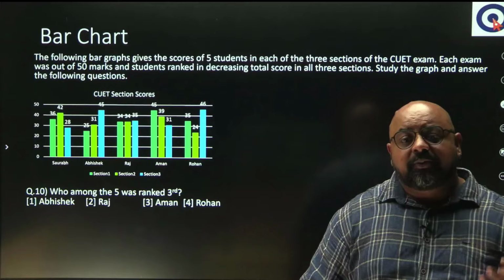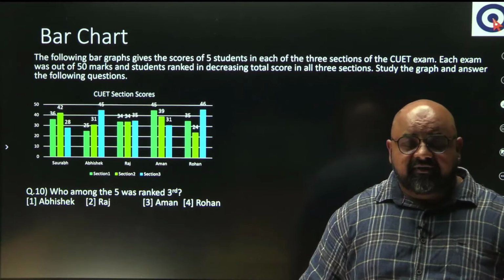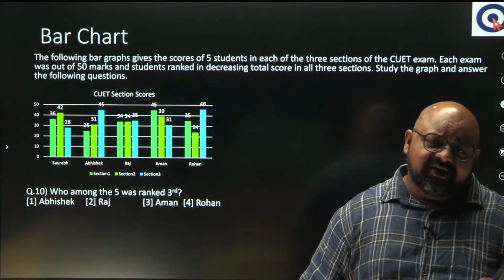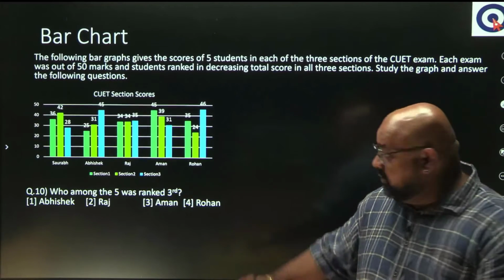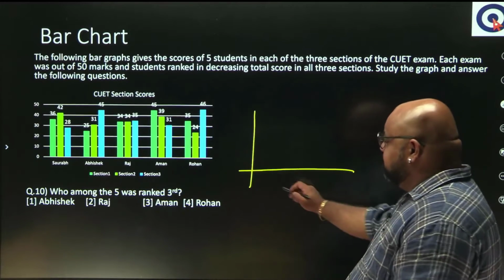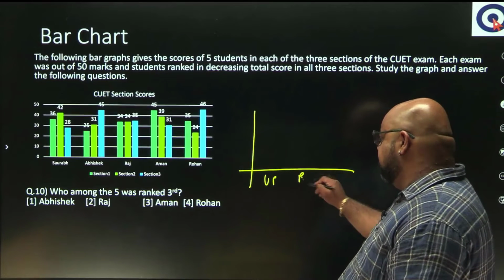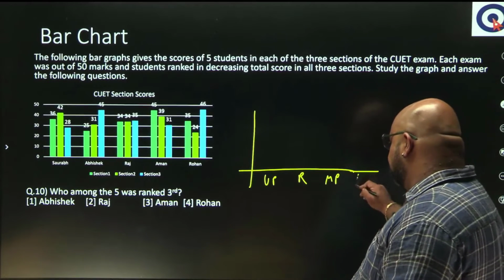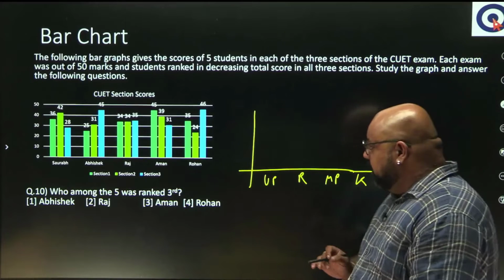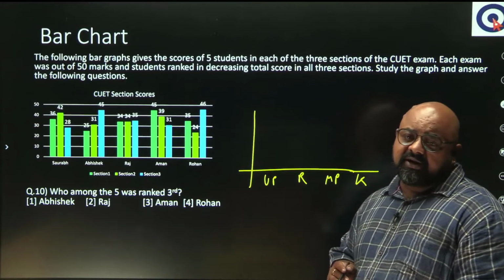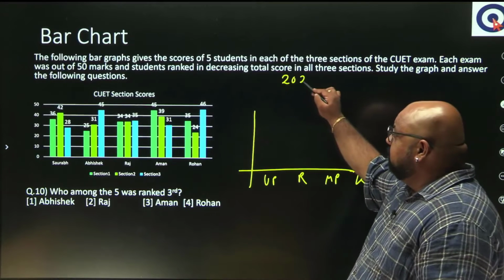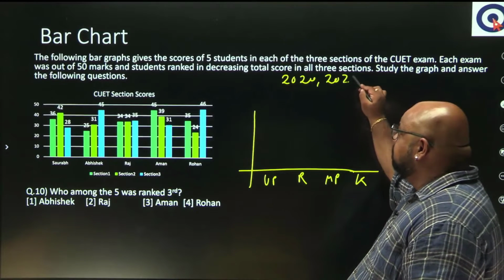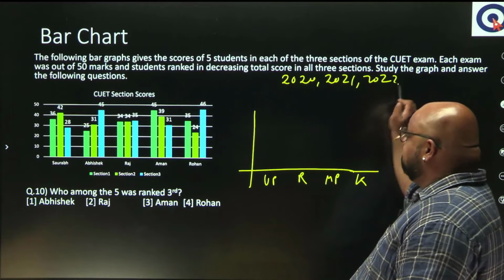The other is a cumulative graph, cumulative bar chart. What we do there is, for example, if I am talking about production of wheat in a state, say UP, Rajasthan, MP, Karnataka, right? And we are looking at production for say 3 different years, 2020, 2021 and 2022. Bad years, at least 2 of them.